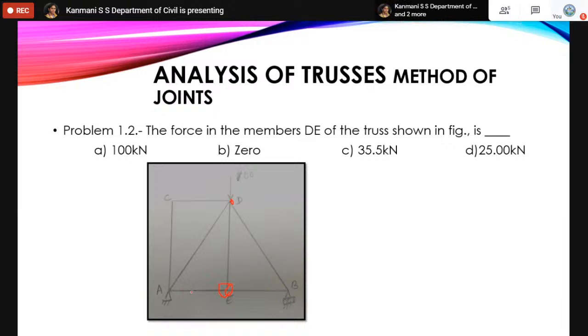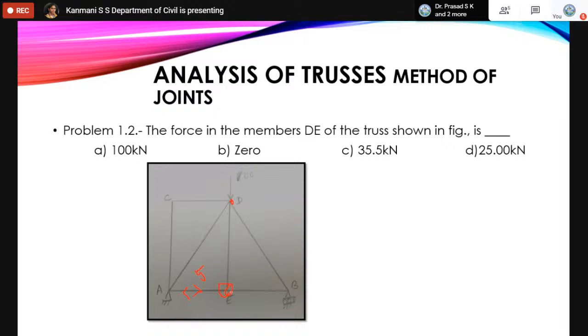For example, if I have calculated some value at joint A, say it is a compressive force, about 5 kilonewton. I'll write 5 kilonewton here. So what happens at this joint? If I apply sigma Fx equal to 0, then this is minus AE, okay, plus AE on the right side, and this is also plus EB.